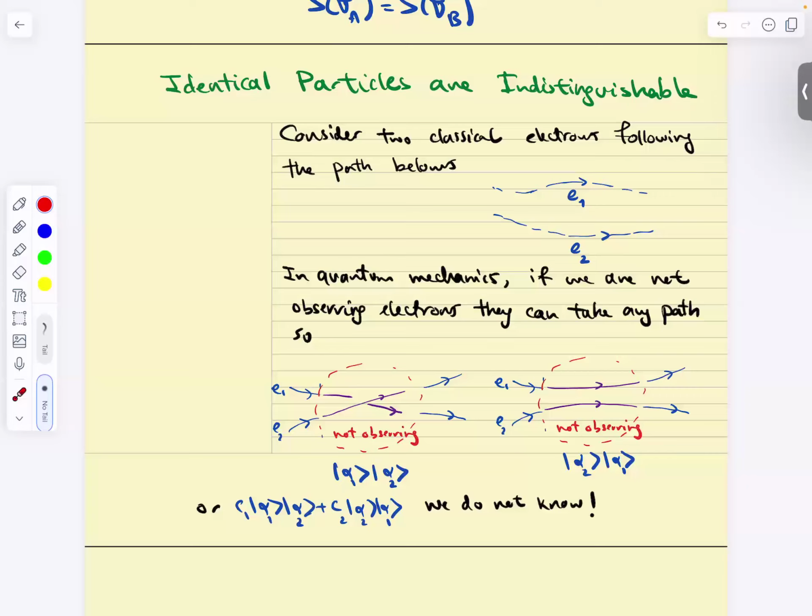You might be able to, but that's in classical physics, you definitely can, right? If you have two electrons that are moving along, you just observe their path or paint one of them blue, the other one green, or put some sticky notes on either of them and keep track of them. In quantum mechanics, you put sticky notes on them and you have to read the sticky notes to make sure what was 1, what was 2.